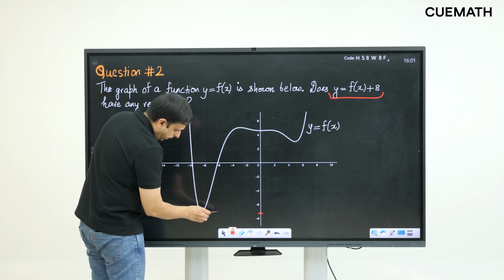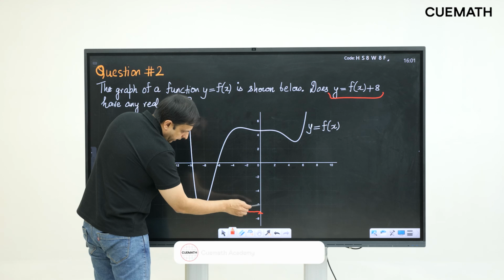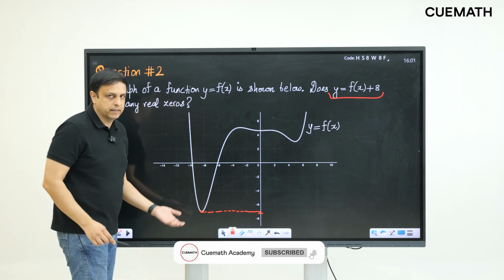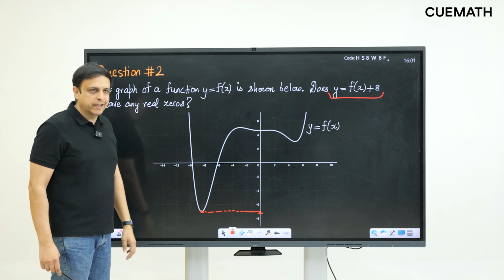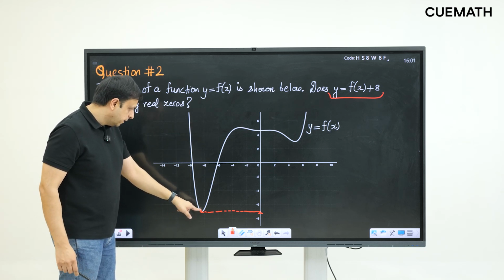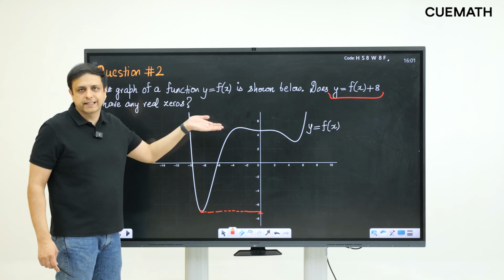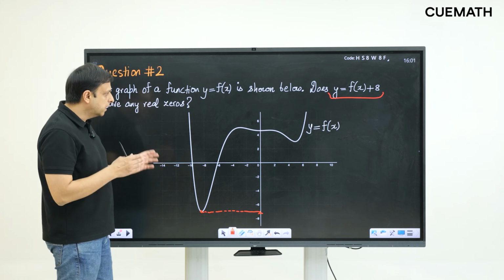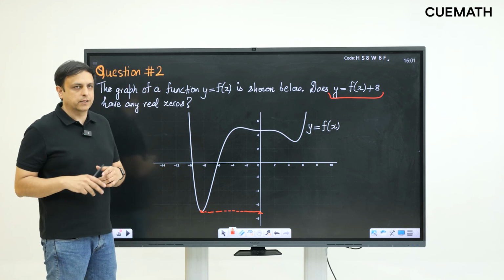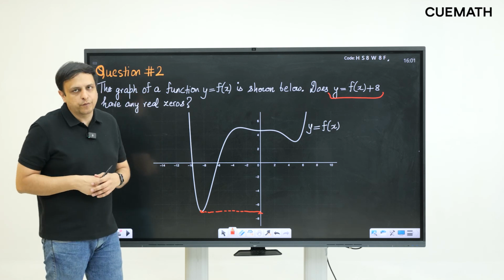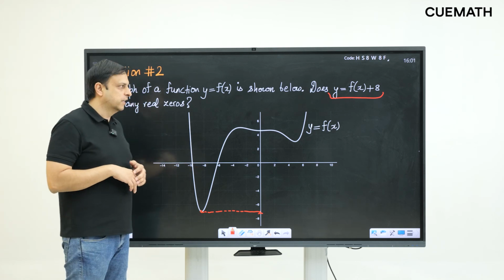So the minimum point has a y coordinate that is somewhere between minus 6 and minus 8. So if you shift this graph vertically upward by 8 units, the minimum point here will go above the x axis, and therefore the curve of f(x) + 8 will never intersect the x axis at all, and therefore y = f(x) + 8 will not have any real zeros.